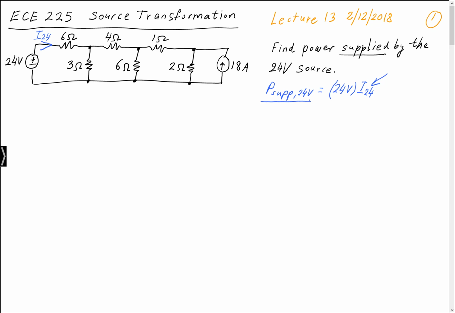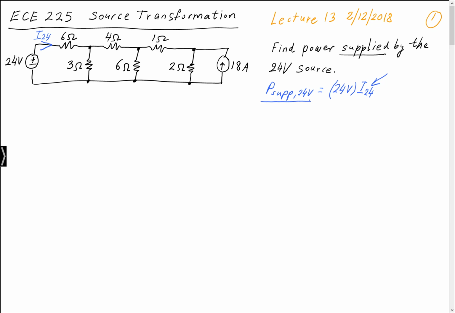Now, the source transformation method involves basically going through series and parallel combinations of resistors, voltage sources, etc. In effect, the most basic transformation is going from, let's say, a series voltage source and a resistor to a parallel current source and a resistor, and we can also go the other way as well.